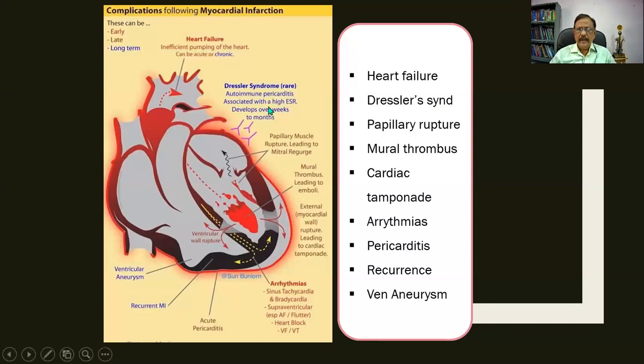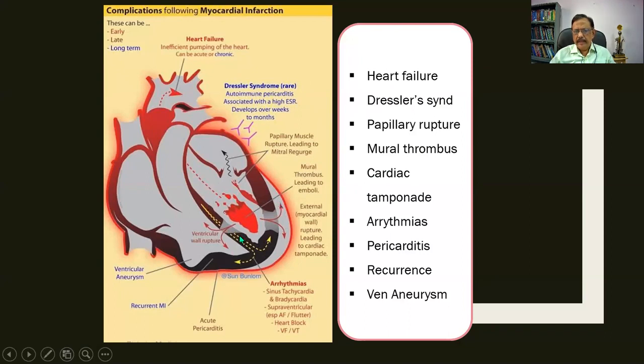So another diagram which I would like you to remember, go through this picture very slowly when you are free. The various complications I have mentioned again. There is a heart failure, there is a Dressler's syndrome that is marked over here, rupture of the papillary muscles, which is shown in this condition. There is a thrombus, which is over here, a thrombus is being formed. Cardiac tamponade, when there is a rupture of the wall, it goes into the pericardium.